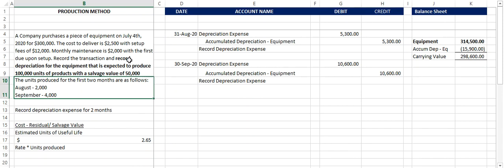But yeah, that's my assumption based on the information provided, or the information that I actually made up. But that's just a look into how accountants can look at this stuff and make decisions, or understand and compare and contrast companies, just by looking at something like depreciation expense. The production method is fairly easy as well.